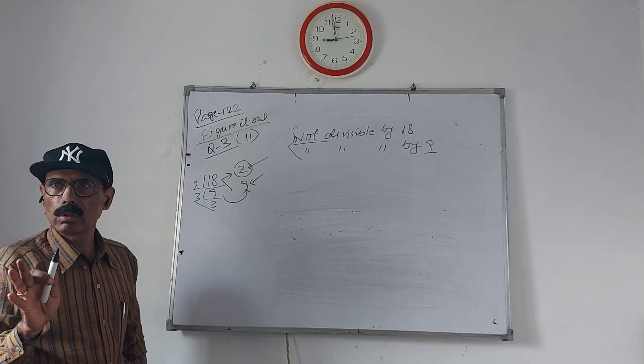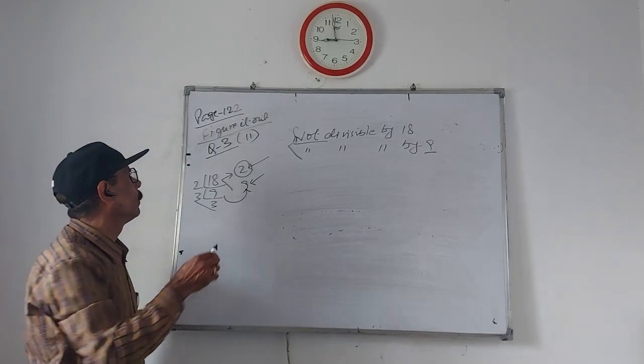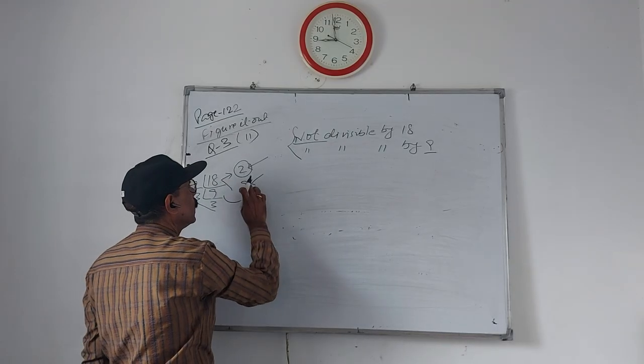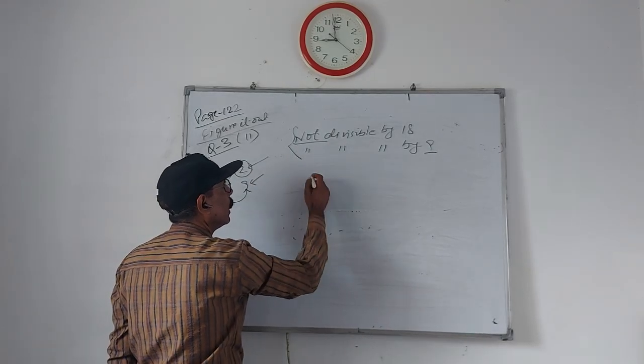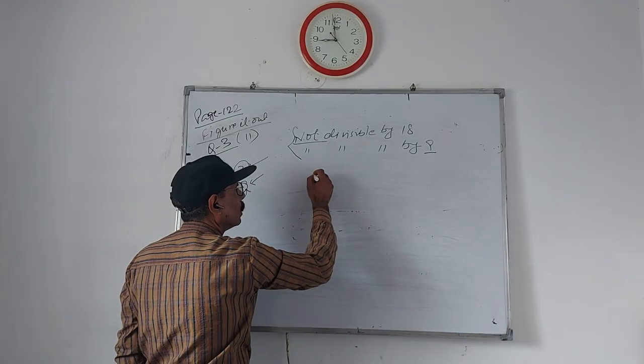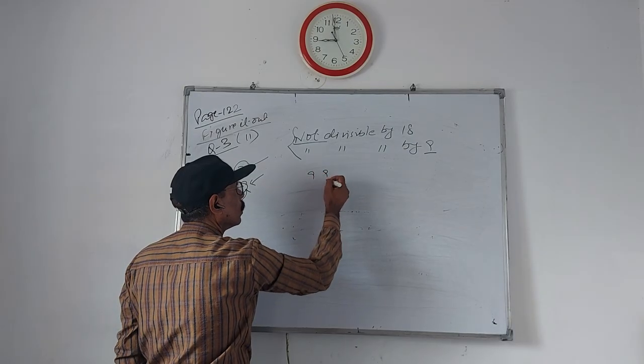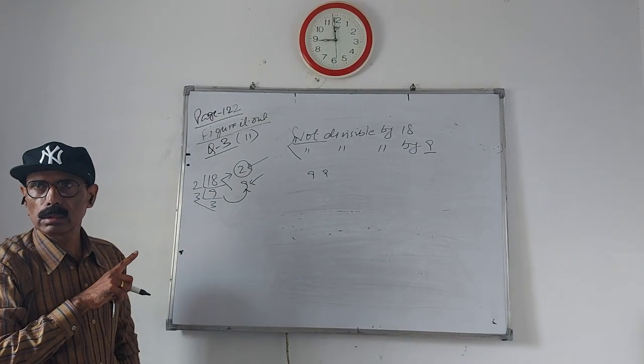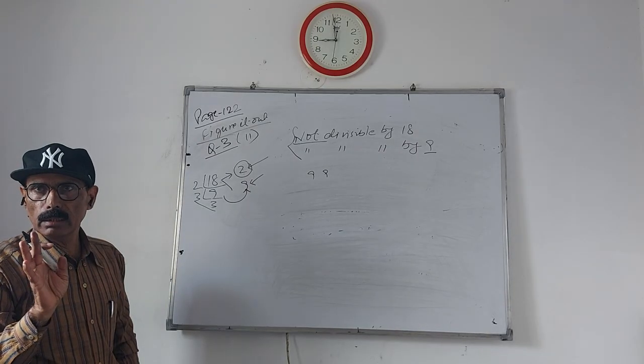So here, first check a number divisible by 18. So that means the number is divisible by 9. Any number you write, this is divisible by 9. Check. 99 is divisible by 9.